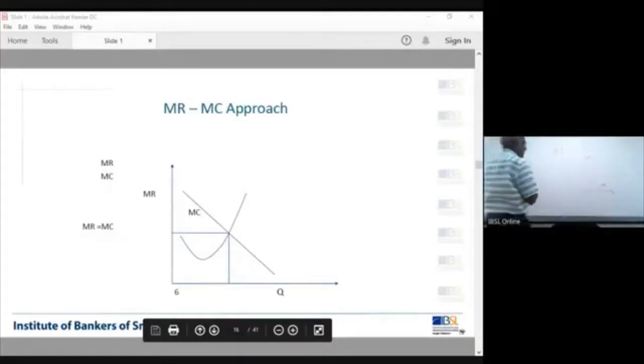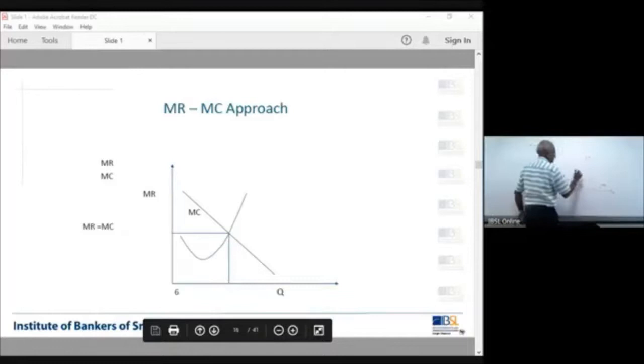At the point of intersection, MR and MC are the same. MR equals MC at this point.